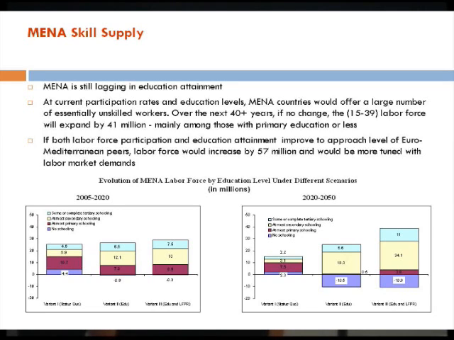If that happens, the labor force would increase by 57 million and would be much more in tune with labor market demands, as a large majority of the labor force would have secondary and post-secondary education.